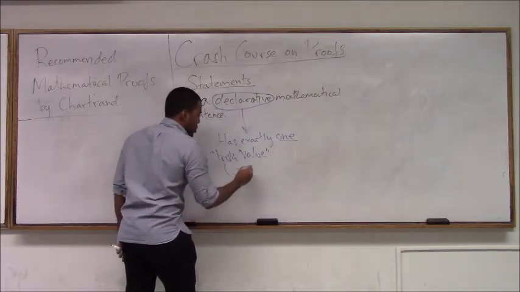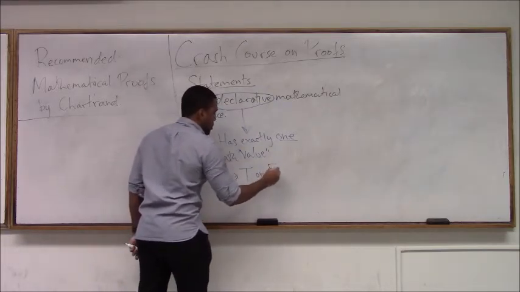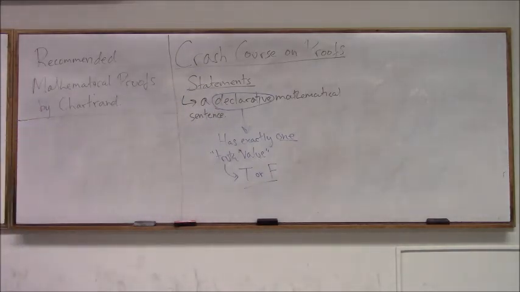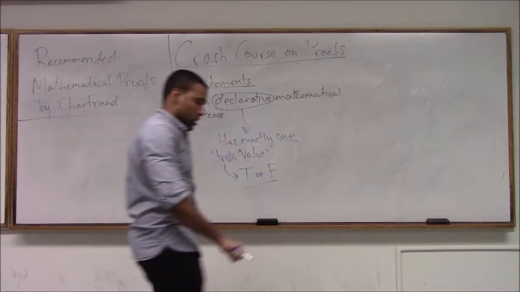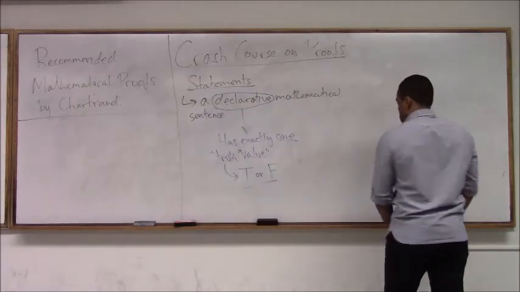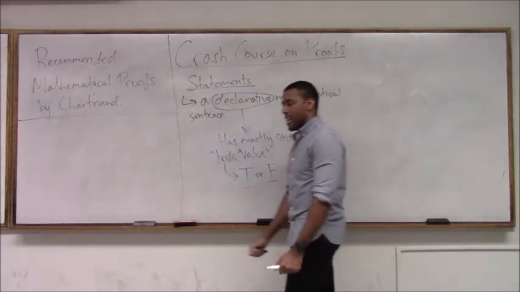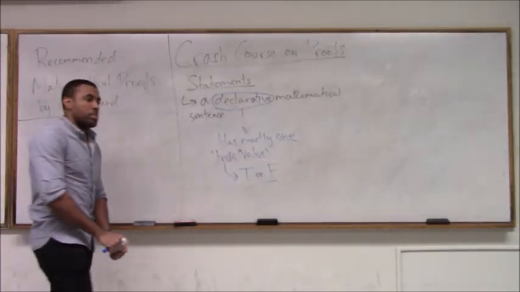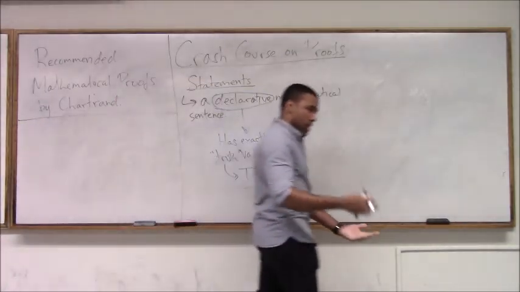So it's true or false, right? There are no other possibilities for the statement. So when I say it's a mathematical statement, it's just something that is either true or false. It has to be one and exactly one of these two options. So it cannot be both true and false, and it cannot be neither true nor false. It has to be either true or false.